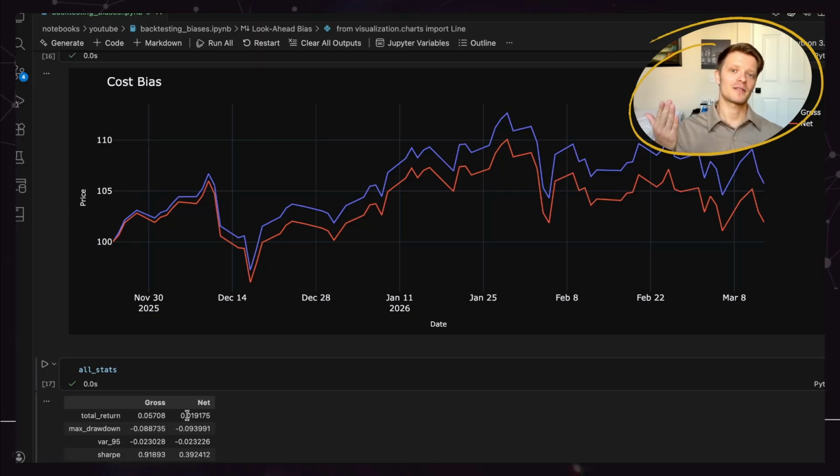Why is that? Because the strategy trades daily and has high turnover. We added a trading fee cost of around 2.5 basis points per notional value traded. And that is a very normal assumption on real markets, and you see the impact it has on our actual trading signal here.